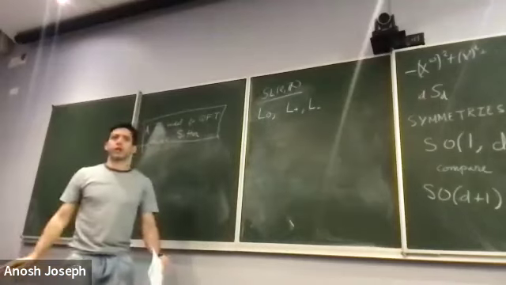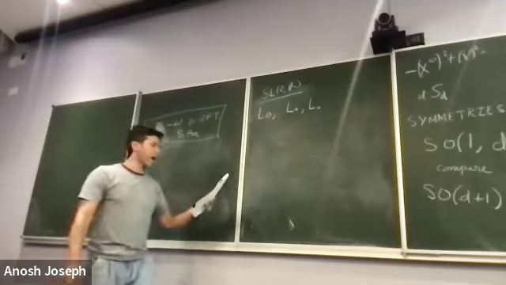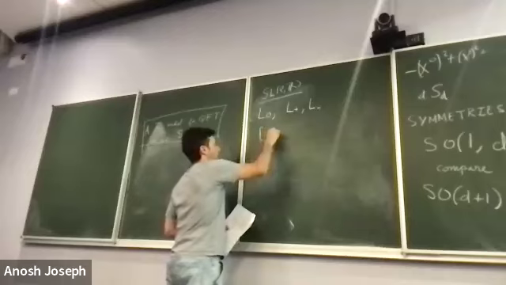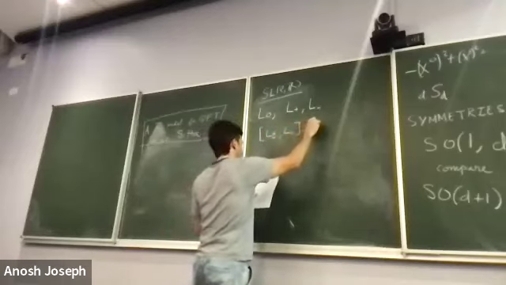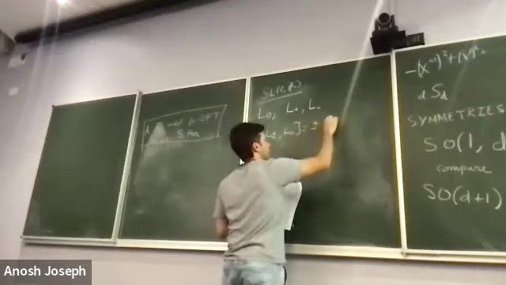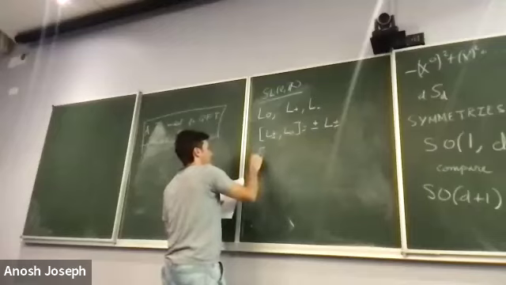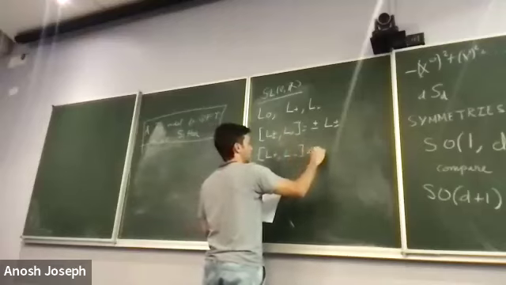If you've ever studied two-dimensional CFT, you will have seen this. The algebra of these operators is [L0, L±] = ±L±, and [L+, L−] = L0.